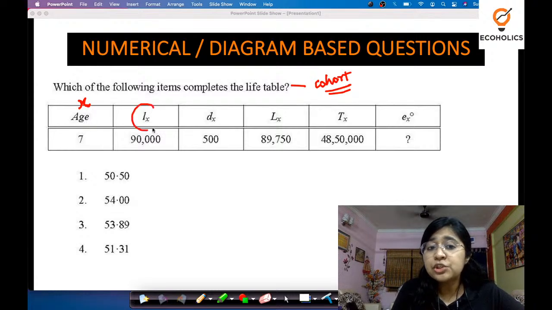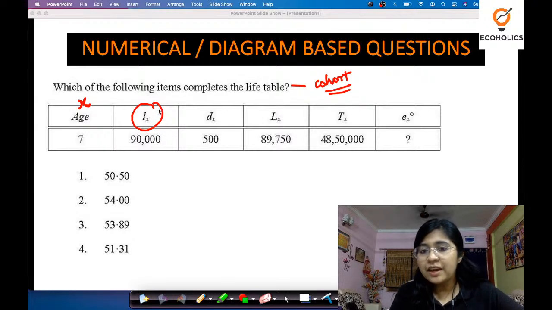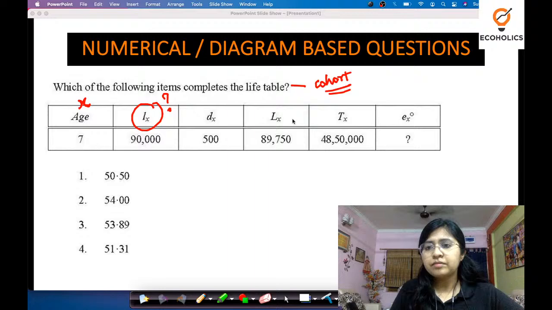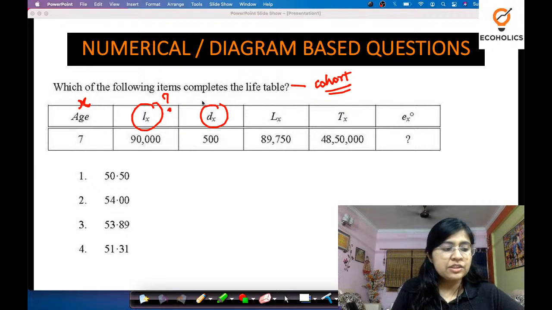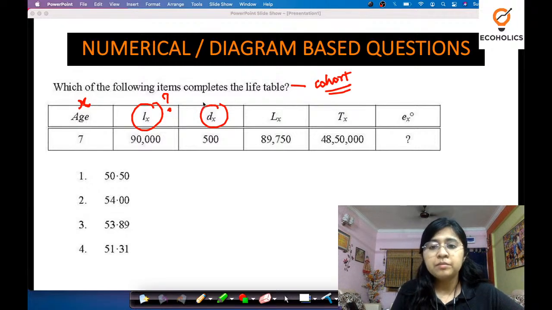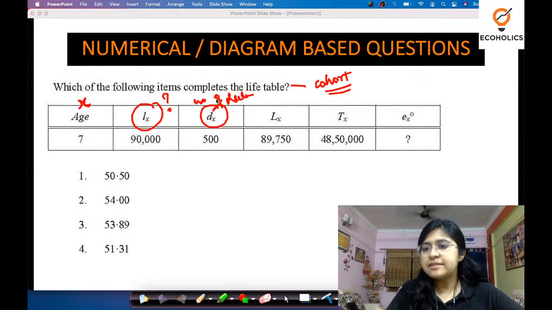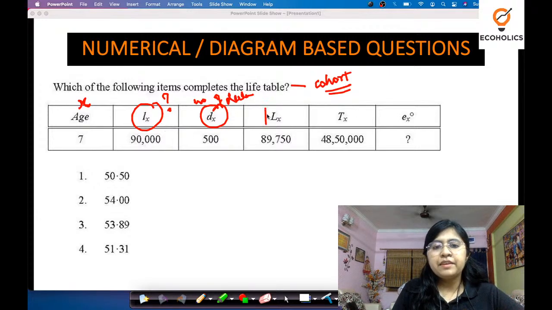Now over here in the question they have mentioned LX. Can you see this question? What is this LX? Can anyone identify what is LX? So this DX is your number of deaths, D representing the number of deaths. What is this capital LX?